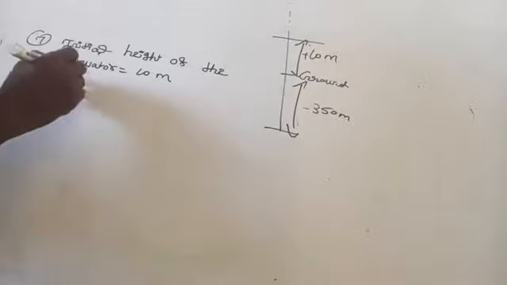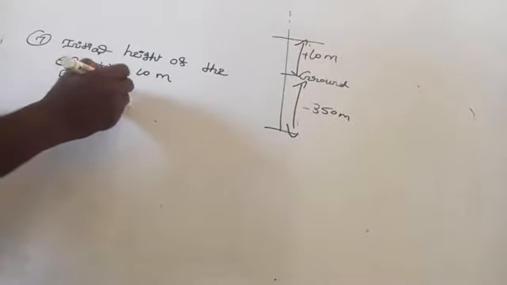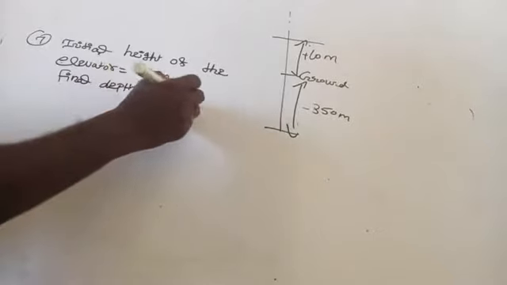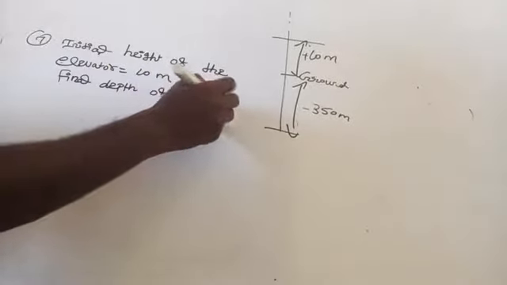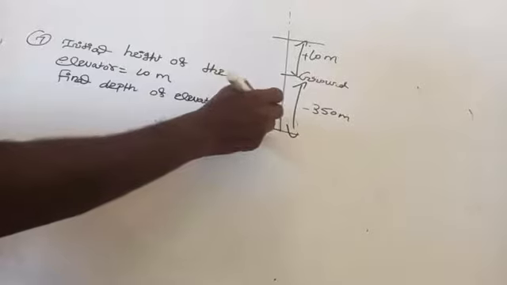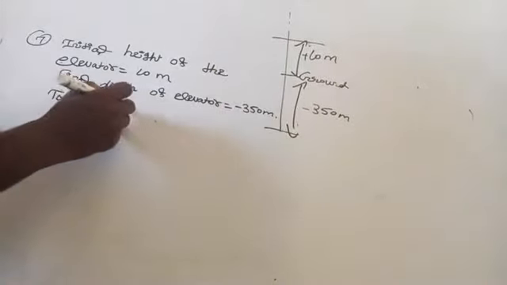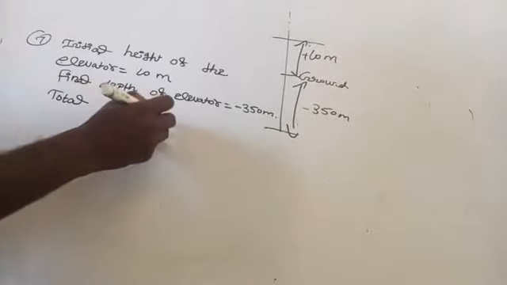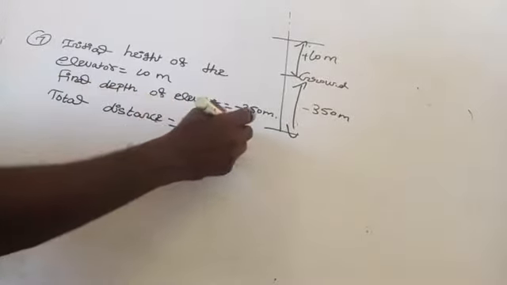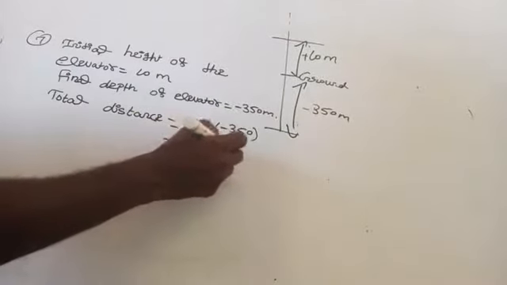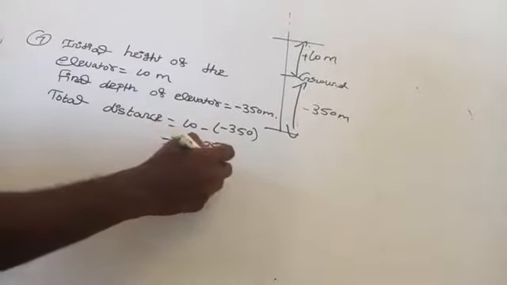Final depth of the elevator is -350 meter. Then the total distance is equal to 10 minus of -350, then 10 plus 350, which is equal to 360 meter.